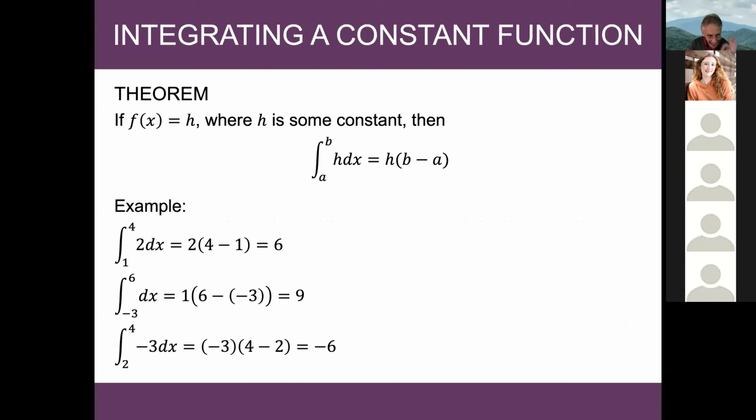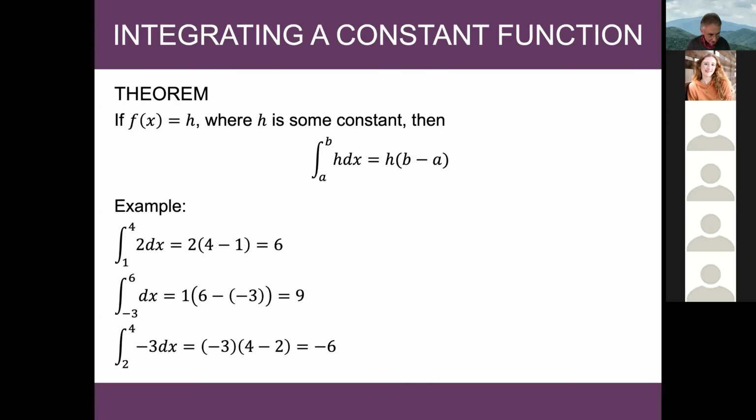Look at this. h is some constant. That means it's a number, okay? So the idea is, and this is where we're talking about definite integrals, we're going to start doing a bunch of calculations. I'm going to do several examples here now, right? So one of the things I want to point to is this. Let's look at these.